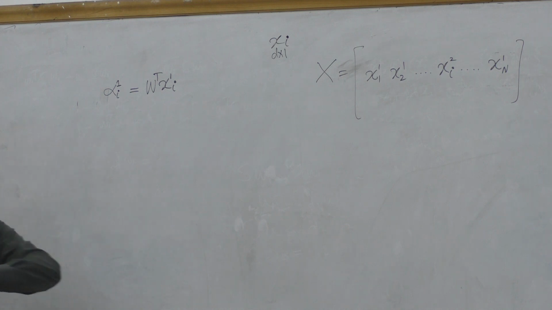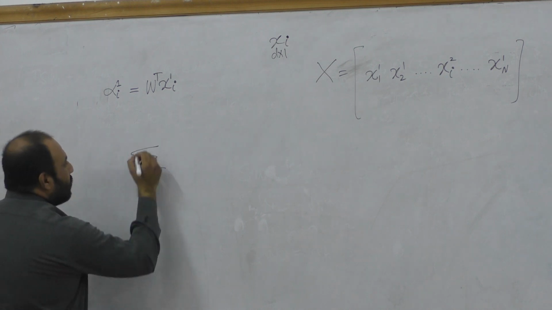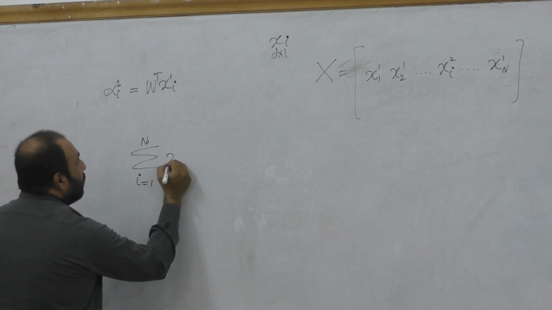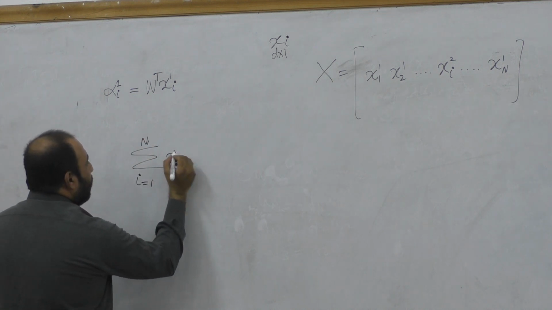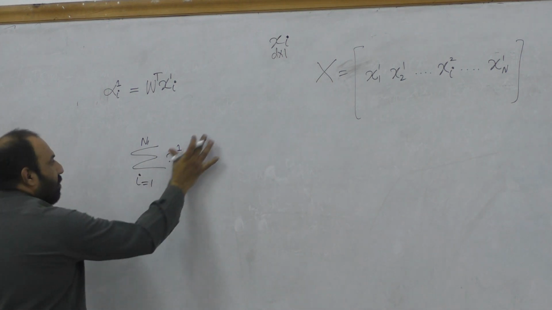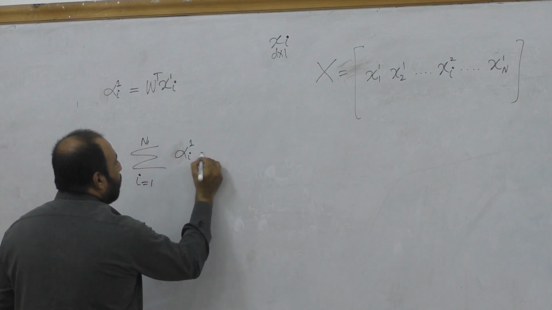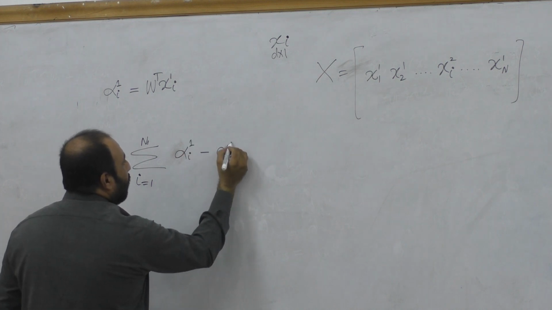Now, the variance of class 1 after projection is the following. i varies from 1 to n1, of alpha i1, the projection, minus the mean of class 1, squared.